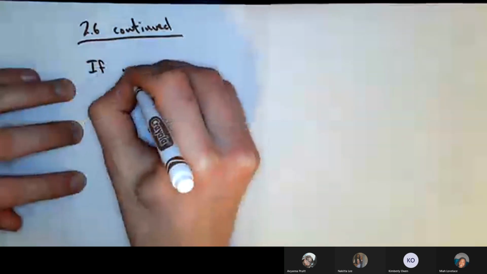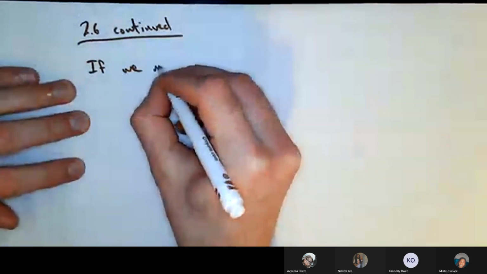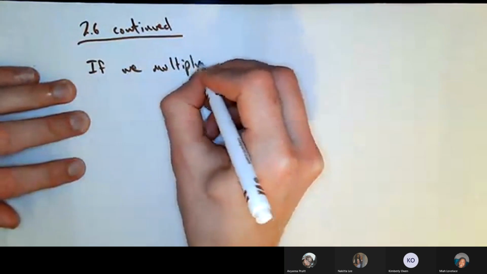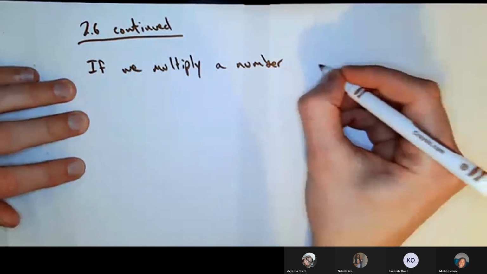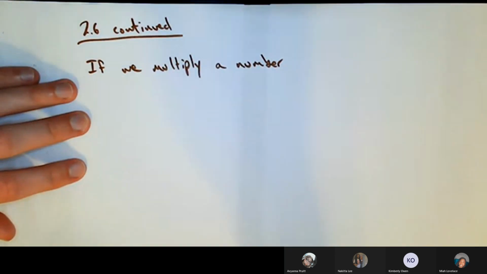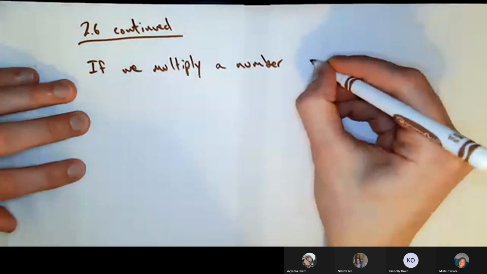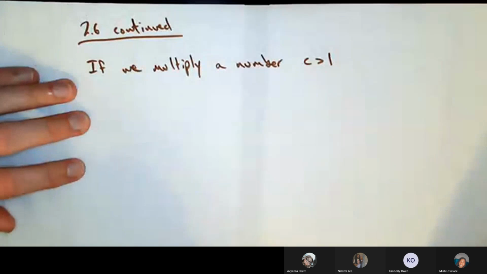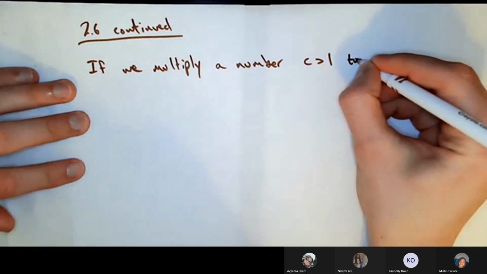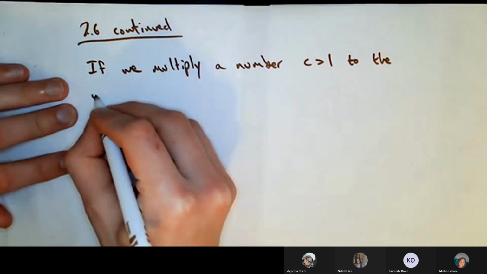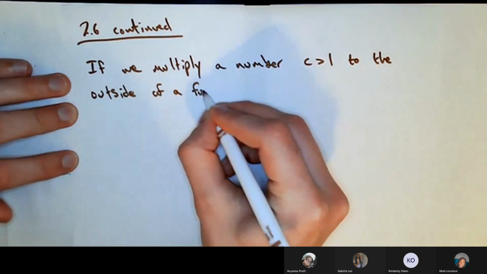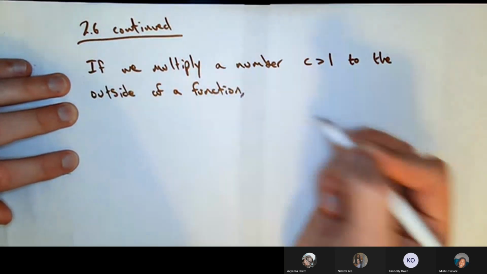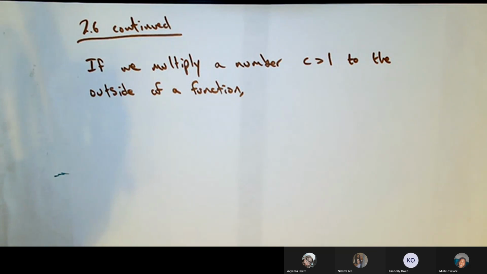So if we take a function, if we multiply a number c, so some real number c, and I'm going to say c bigger than 1, to the outside of a function, then what does that do?